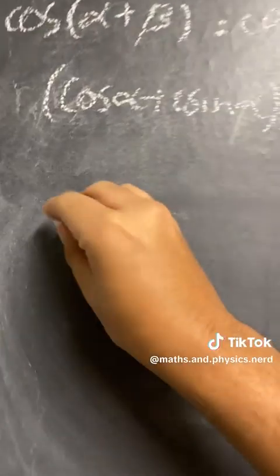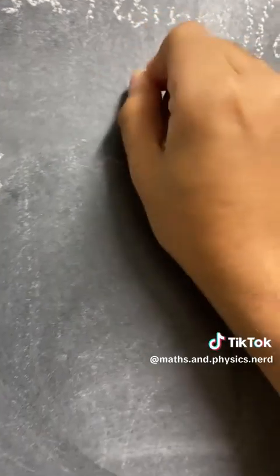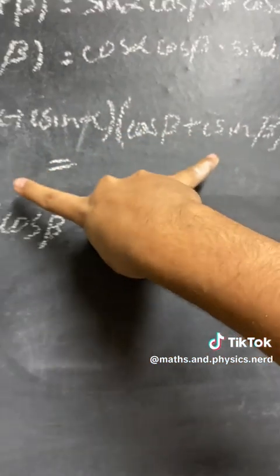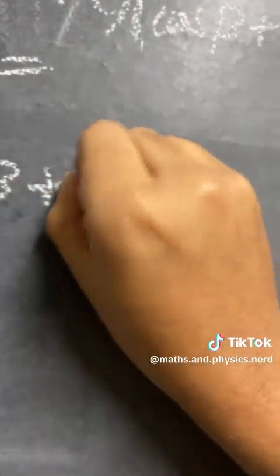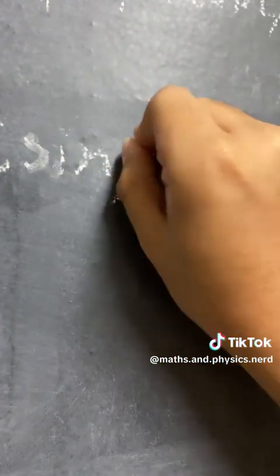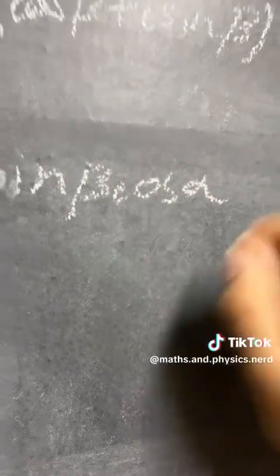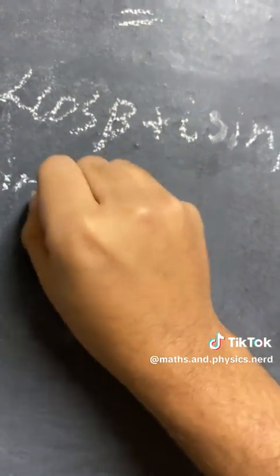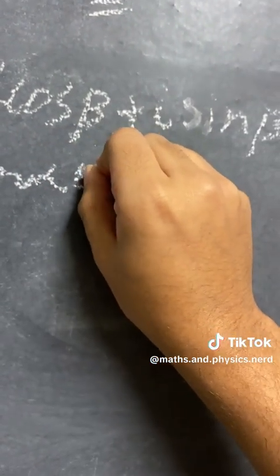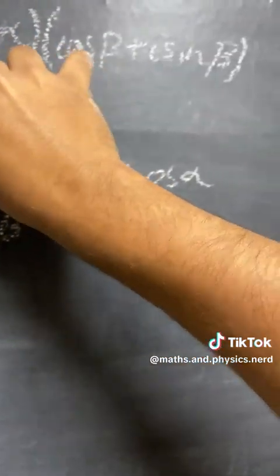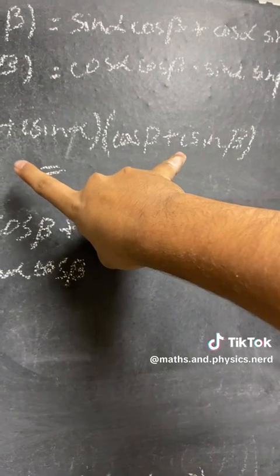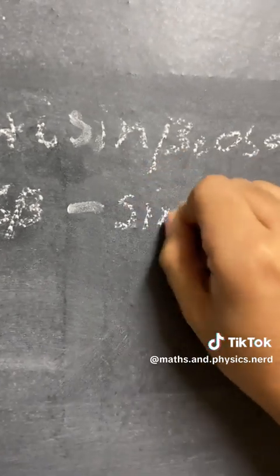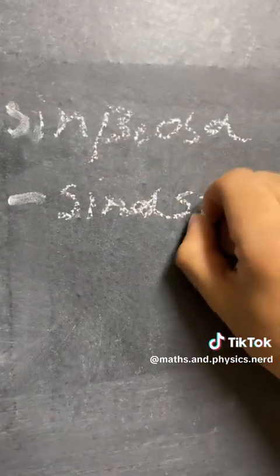So we're going to have cos alpha cos beta, plus i sine beta cos alpha, plus i sine alpha cos beta, and then because we have plus i on both sides, they'll multiply to get minus 1, and so we'll have minus sine alpha sine beta.